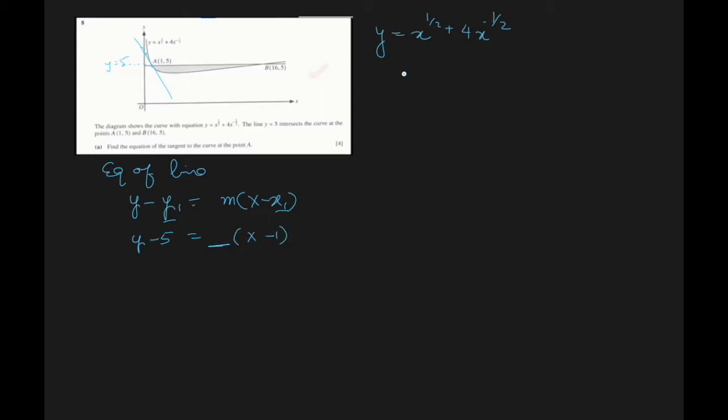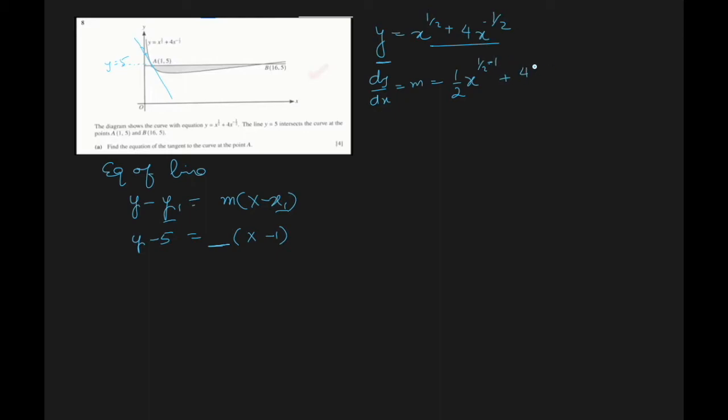Now for m, we have to differentiate this to get m, because m is the gradient of the tangent, and dy over dx is also the gradient of the tangent. So this is m. So we just have to differentiate this one. So half comes in front, becomes the coefficient, and the exponent goes down by 1.